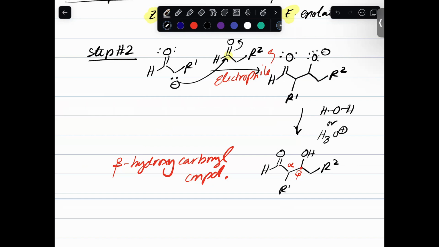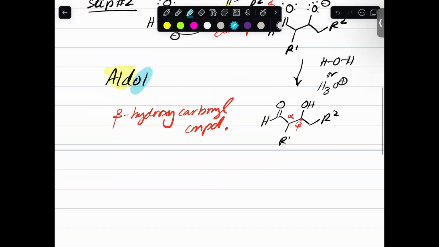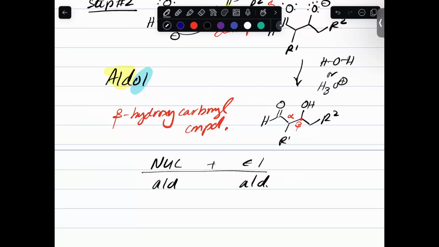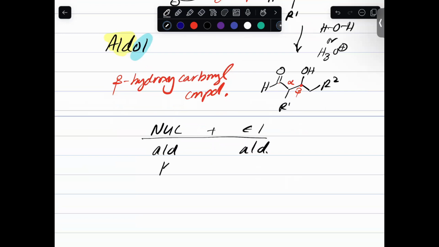And so this reaction was known as the Aldol reaction because originally it was between two aldehydes to provide an alcohol. Now they've extended the scope of this reaction where you no longer need two aldehydes. And this reaction can also be between two ketones.